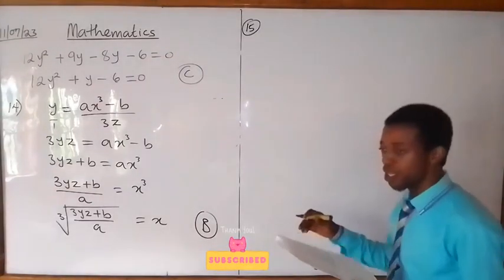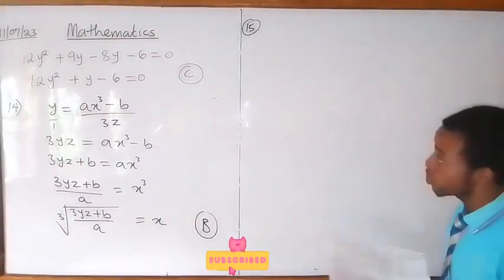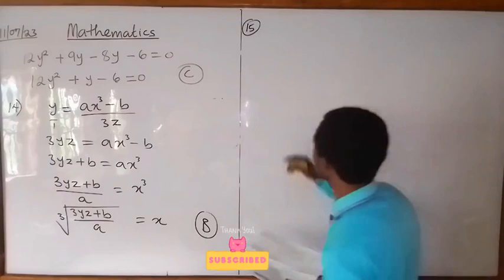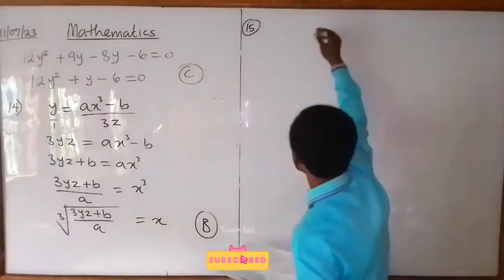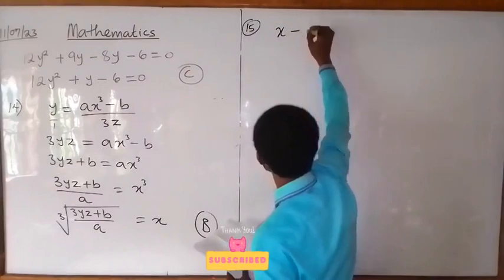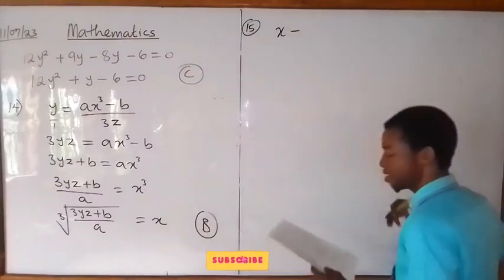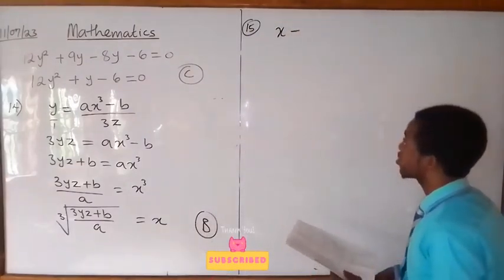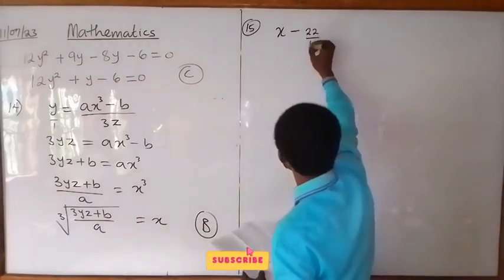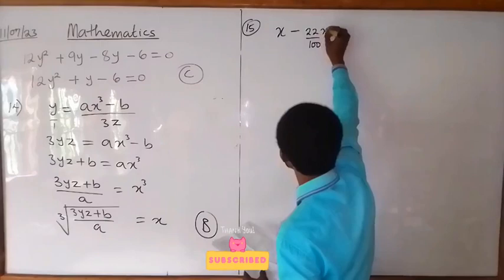So the first thing is to let x be the price that was decreased. Let the price be x. That's x minus, because we decrease it by 22% of the price, which is 22 over 100 times x.